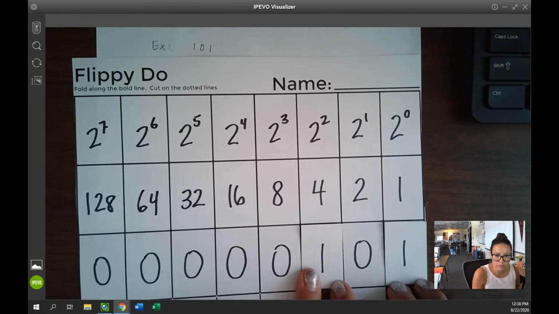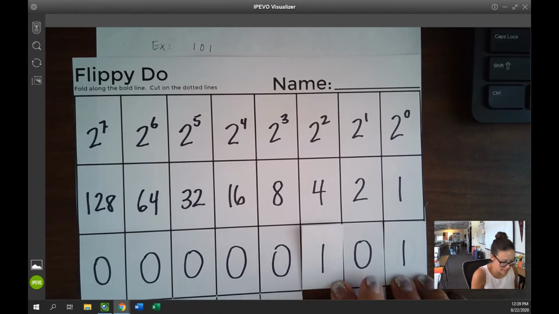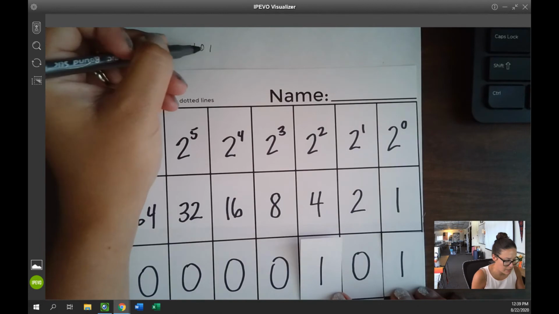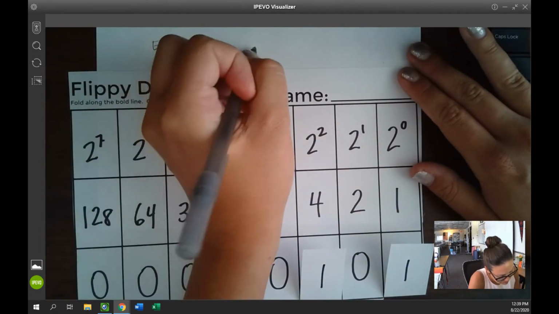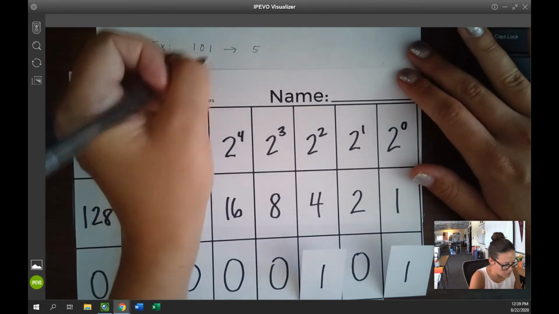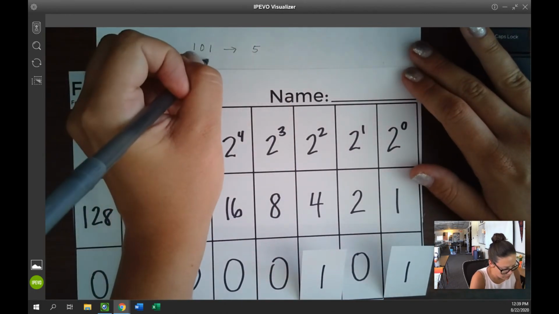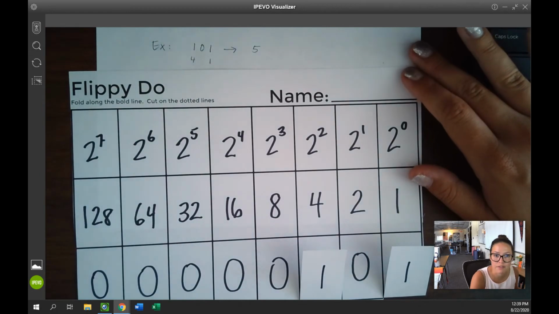We build our numbers from right to left. So 101 tells me that I have 1 four, 0 twos, and 1 one. If I were to convert that into decimal, that would be 5, because 4 plus 1 is 5.